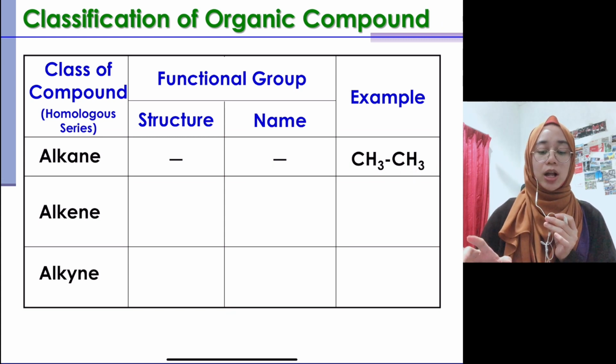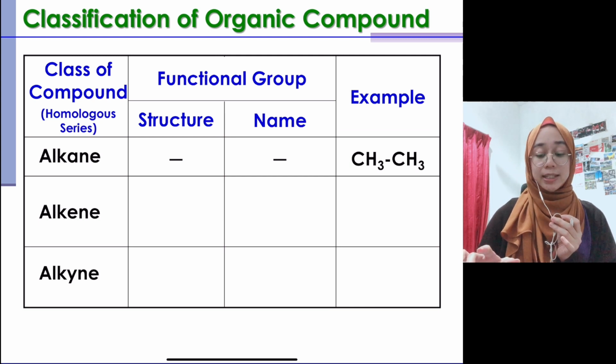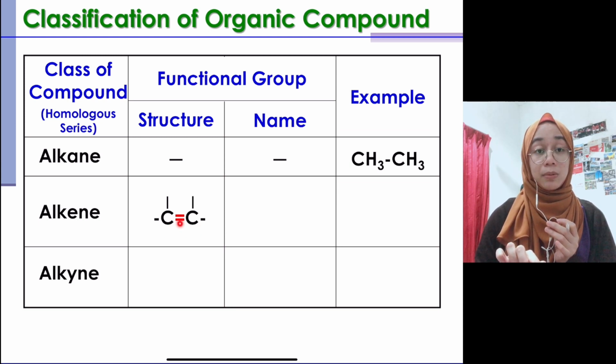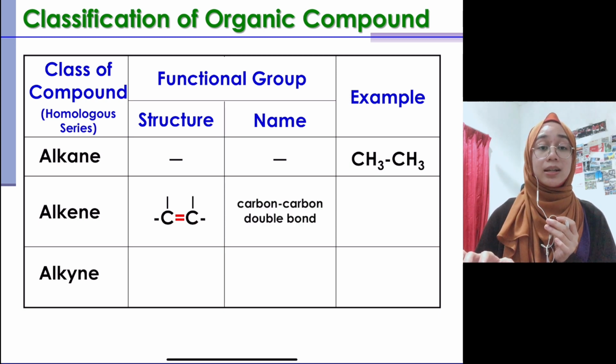Let's look at alkene. You should know this already. For alkene, if you see carbon, carbon, double bond, two carbons with a double bond in between, this part here is the functional group. It is different from the others. The name for this functional group is what we call carbon-carbon double bond.